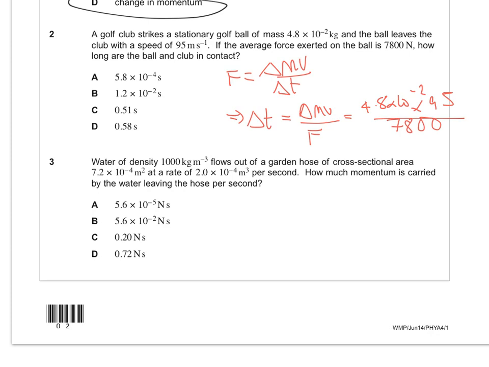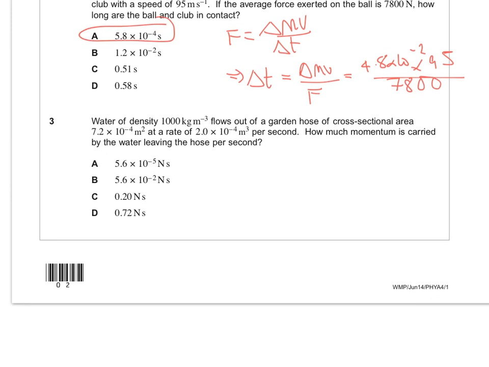So let's type that in. 4.8 times 10 to the minus 2 times 95 divided by 7,800 gives us 5.8 times 10 to the minus 4. So that's going to be option A.